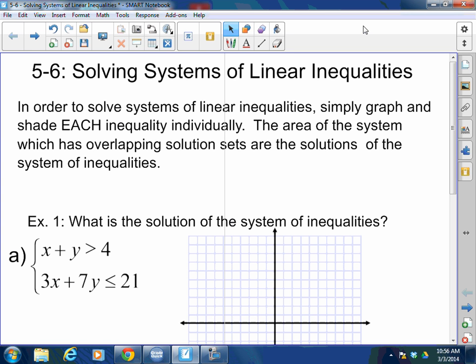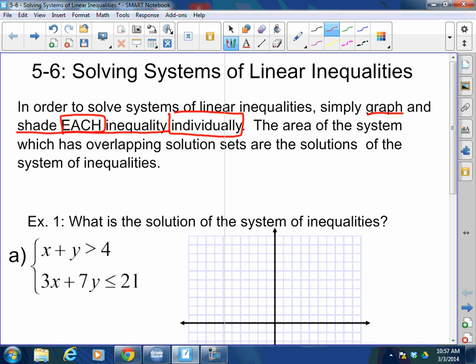Now, in order to solve systems of linear inequalities, simply graph and shade each inequality individually. That's where people mess up. They try to graph everything together at one time and shade at the end. In my opinion, that will lead to mistakes. Graph and shade each inequality individually, one at a time, my friends.